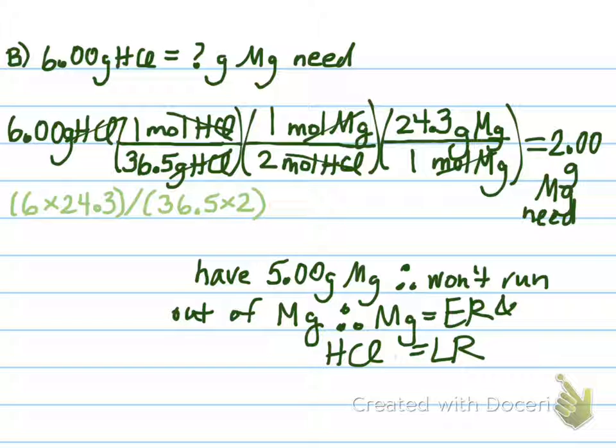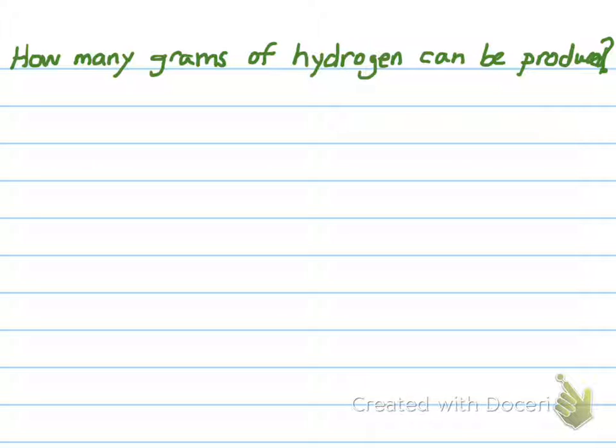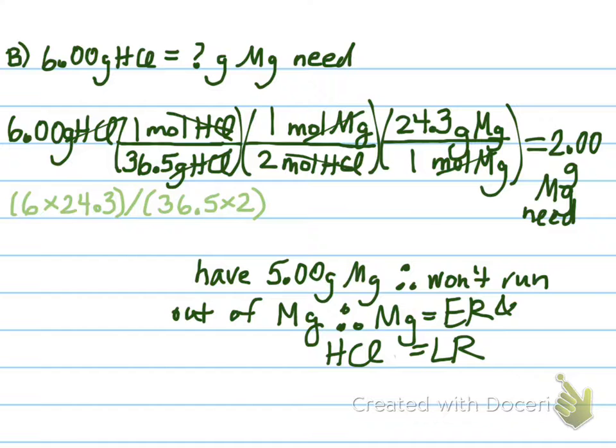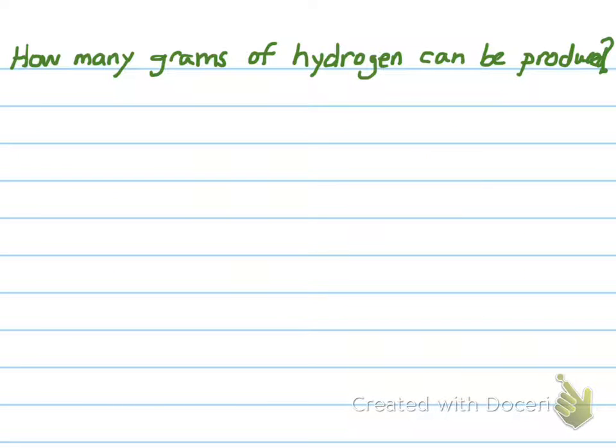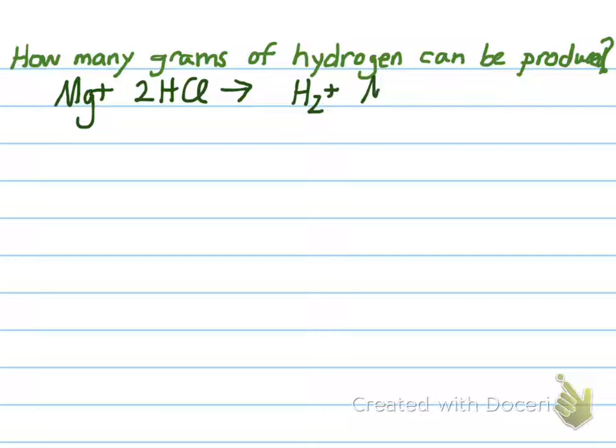So, now we're ready to answer the actual question that this problem had, which was how many grams of hydrogen can be produced. So again, our equation is Mg plus 2HCl yields H2 plus MgCl2.